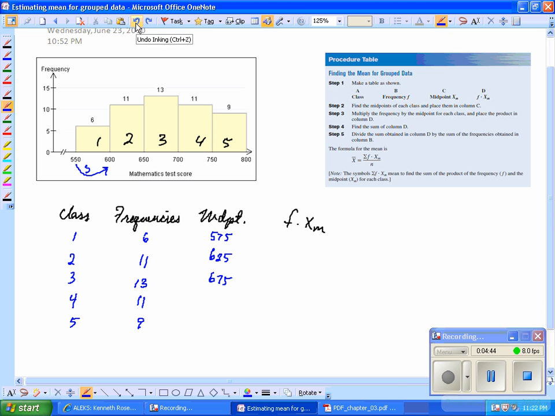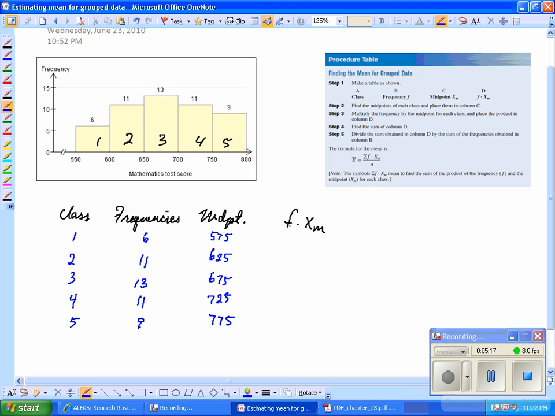So I don't actually have to do the calculation of midpoint, which is the low boundary plus the high boundary divided by 2. I don't have to do that. I can just figure it out in my head. Okay, so we have 575, 625, 675, 725, and then 775.